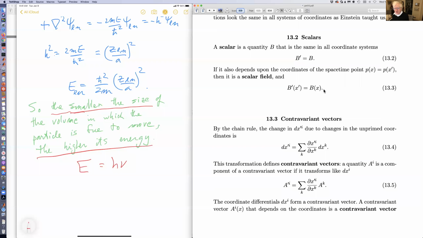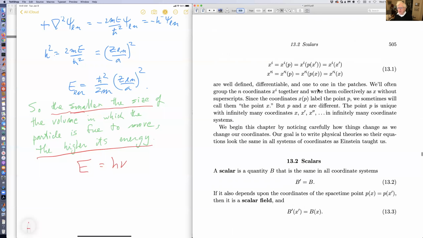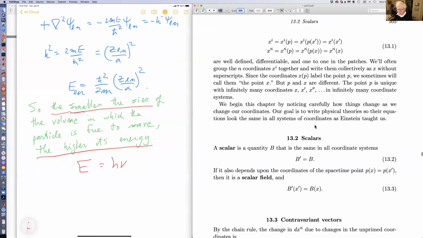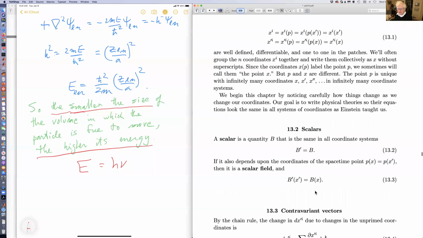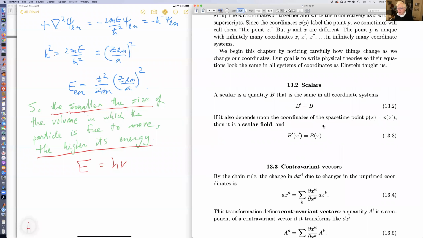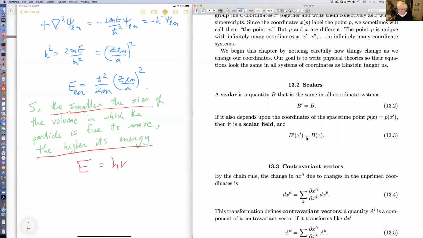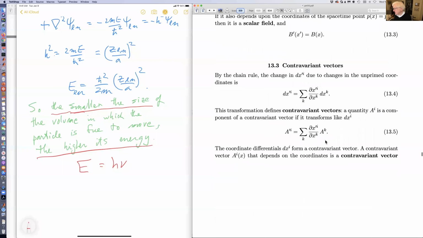If you change from your coordinate x here, let me just say that x here is 4 coordinates, as in special relativity, x0, x1, x2, x3. So if in the other coordinate system b prime at x prime is equal to b of x, then we say b is a scalar field, and temperature would be an example.